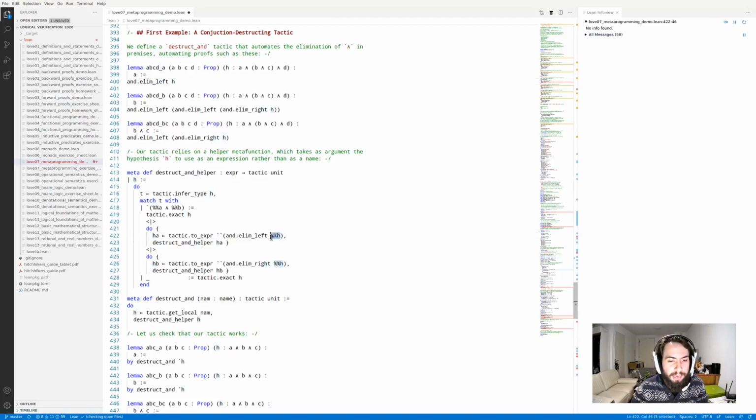So if h has the type a and b, which we've made sure because we pattern matched on that, then and.lmleft of h is going to have the type a.